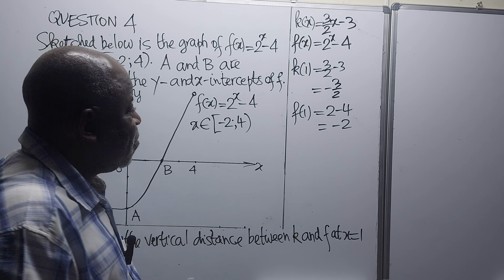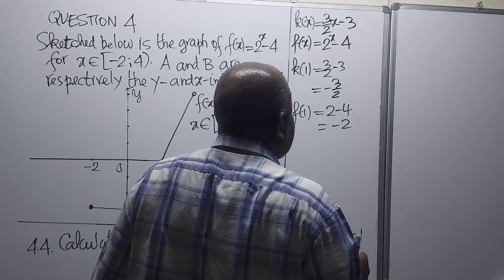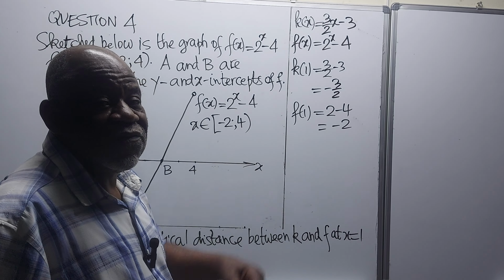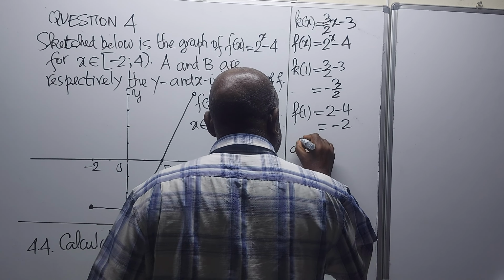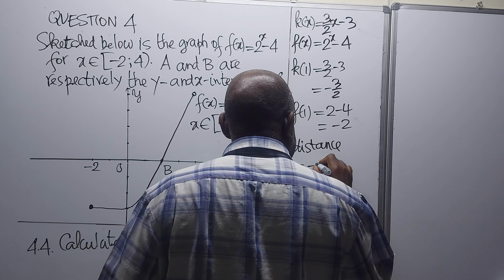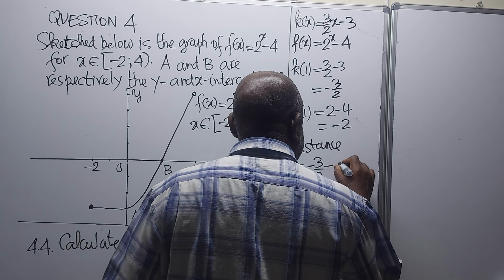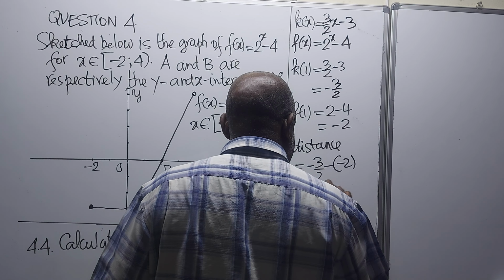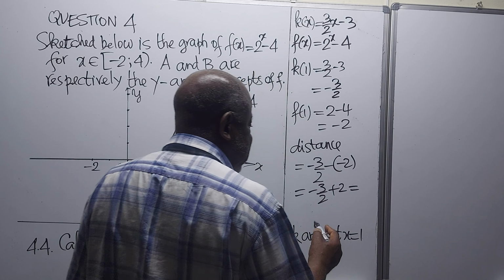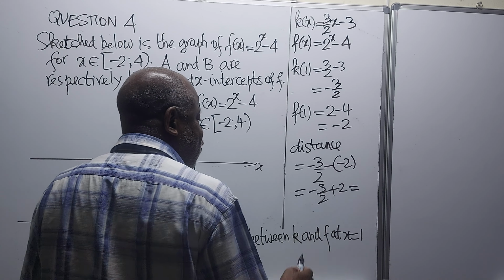So if we compare these two values here, negative 3 over 2 is greater than negative 2. So our distance will be negative 3 over 2 minus 2, so negative 3 over 2 plus 2. And then we're going to get minus 3 plus 4.